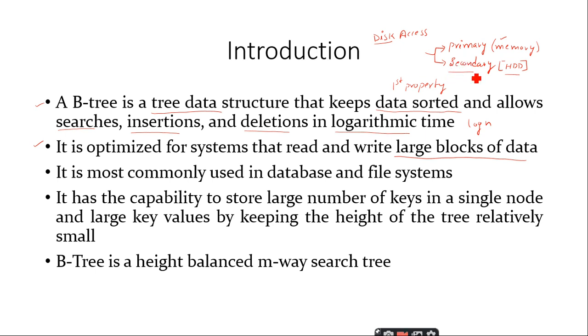And something with respect to the disk is considered to be the secondary memory. So where you are going to store programs, or store information on a permanent basis, that location is the secondary memory, therefore we call it disk access, right?